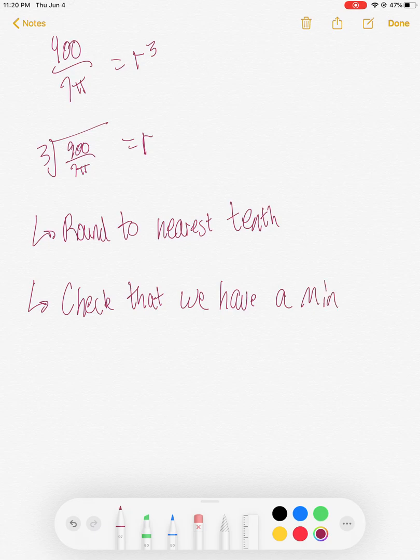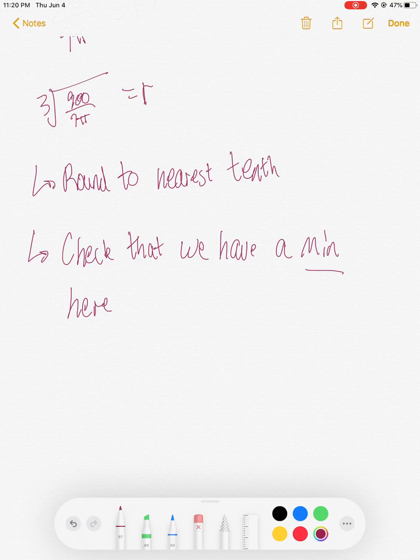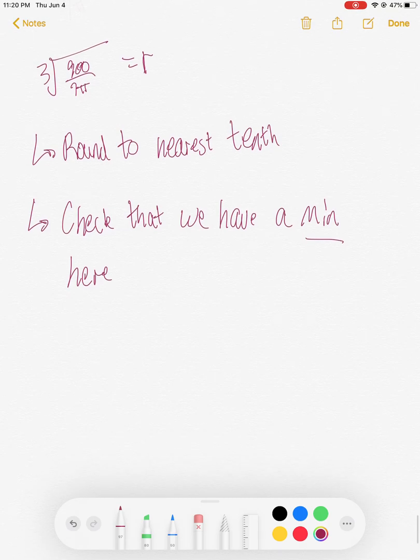Then you found your value of r, right? I should mention, check that we have a min here, not a max.